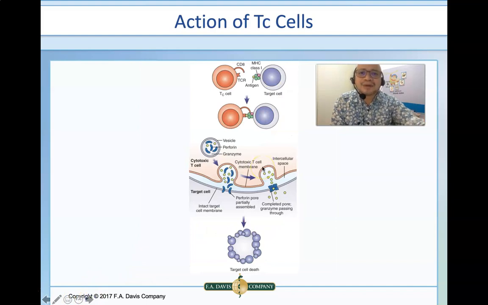Now, how about the cytotoxic T cells? So cytotoxic T cells will be encountering MHC class 1, which means that they are found in all nucleated cells of our body. Imagine you have a virus. Let's say the COVID-19 virus, or we call it the SARS-CoV-2, enters the cells of our lungs, alveolar cells.